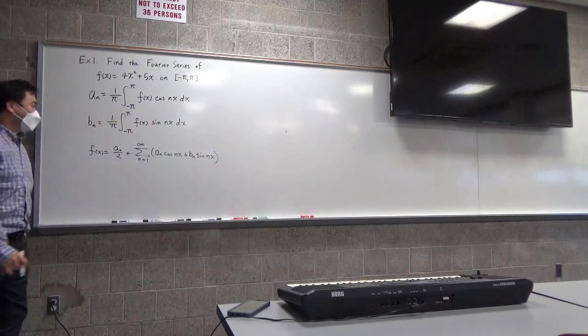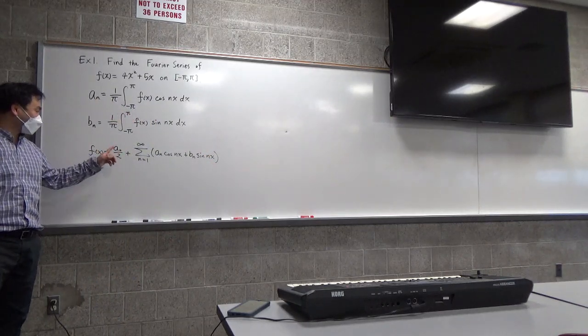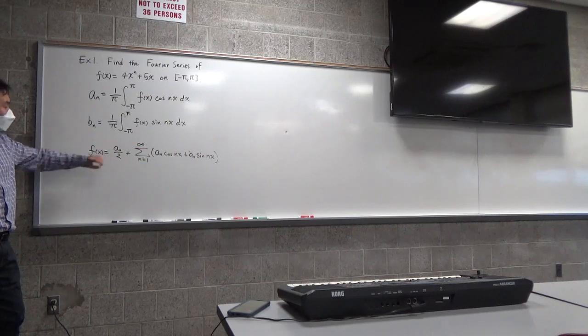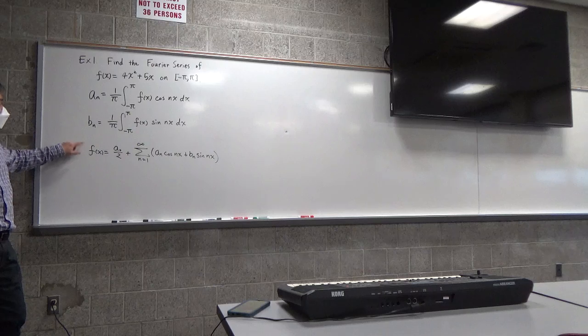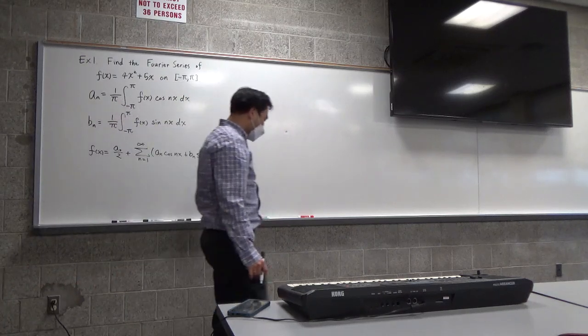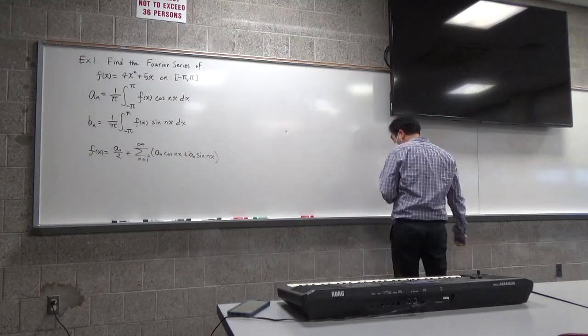Once you find the values of a0, an, and bn, that's called the Fourier series of this function. So you're just calculating this.